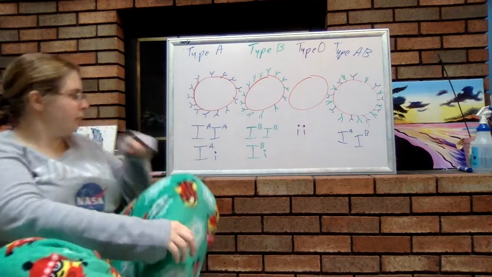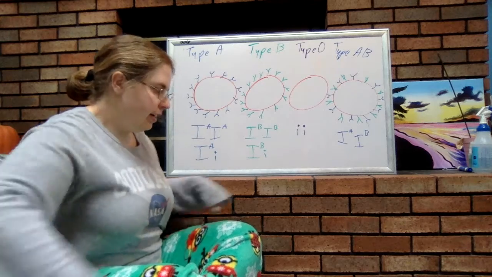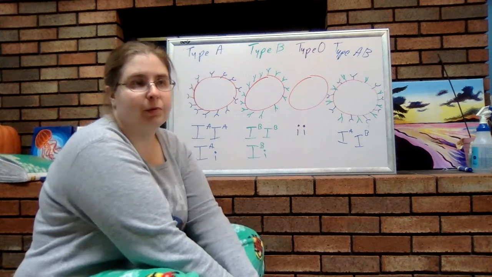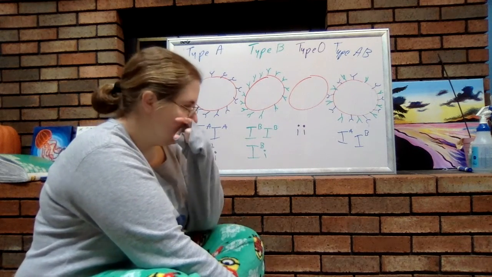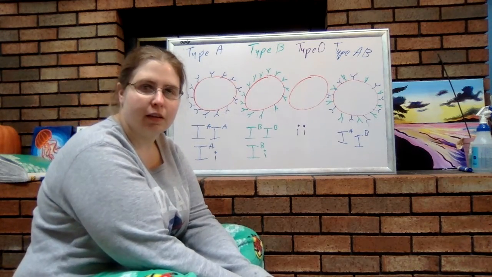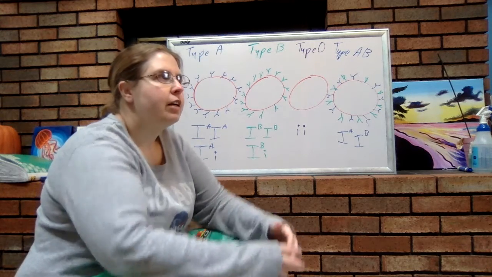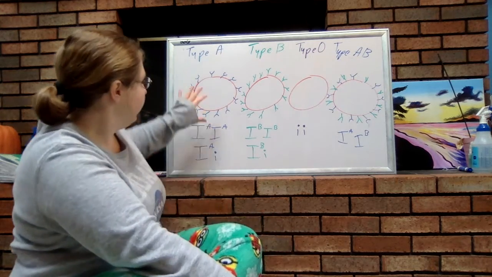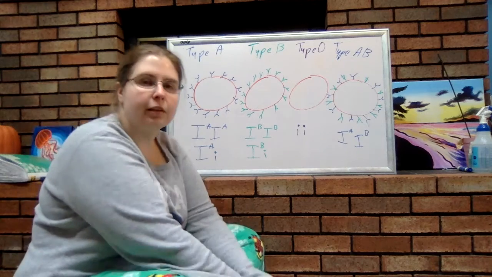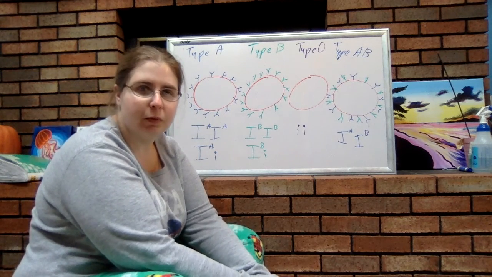Now, this is actually why it's very important for certain people to give blood and why they need to know what kind of blood type you are before they do a transfusion. Because these receptors recognize each other. Well, I shouldn't say they recognize each other. If you are type A and you have these receptors, they're going to be looking for other blood cells with those same receptors.